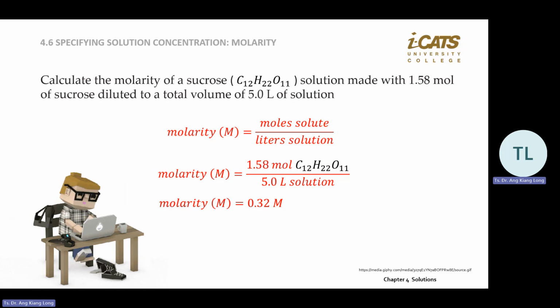Be careful on the unit. There are two types of unit. One is percentage of weight, percentage by mass. One is M, molar. Mole per liter. If the question asks you molarity, you write it mole per liter.